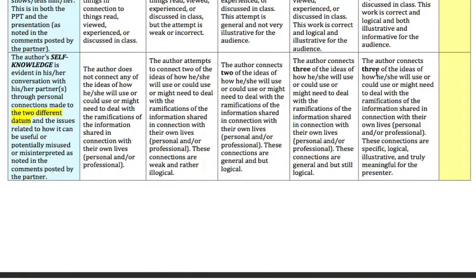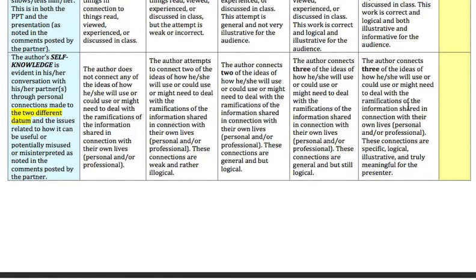But the author connects three of the ideas of how you could use or might use the data to deal with the ramifications. How could you use the positive stuff to deal with the negative if there's that correlation? If not, at the very least, three specific ideas of what you could do that would positively allow you to deal with what you're considering to be the negative data, right?